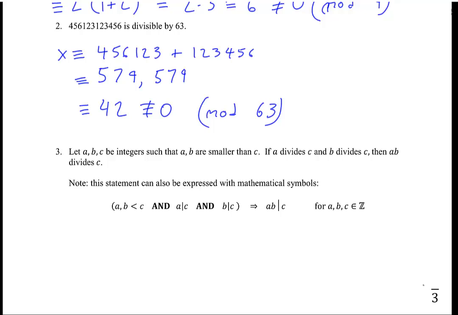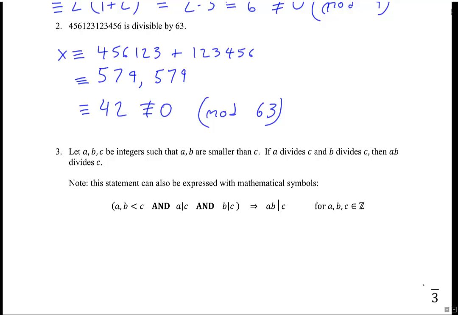So probably the best way to start here is just think about plugging in some numbers. A is a factor of C, B is a factor of C, could tell me that, if A and B are small enough, maybe the AB when multiplied wouldn't be too big, so it could still be a factor.